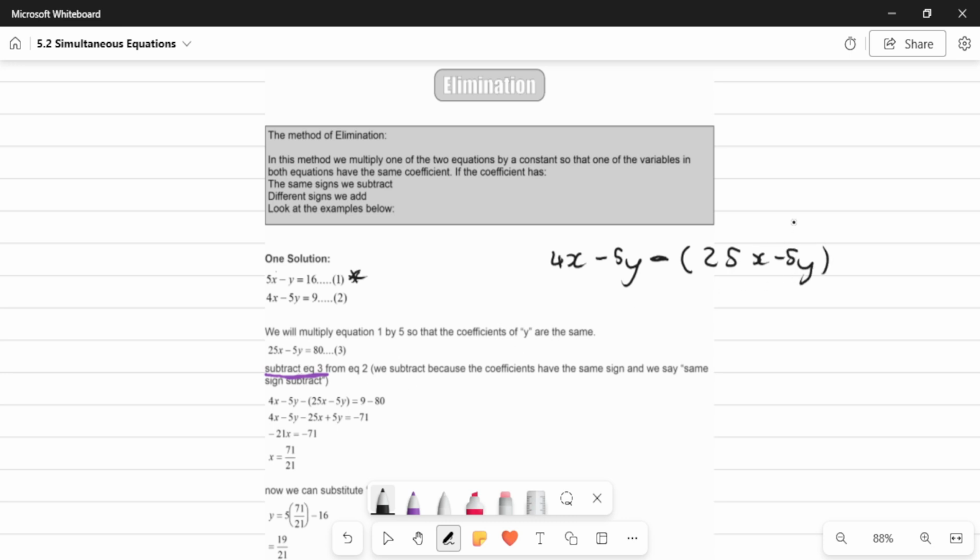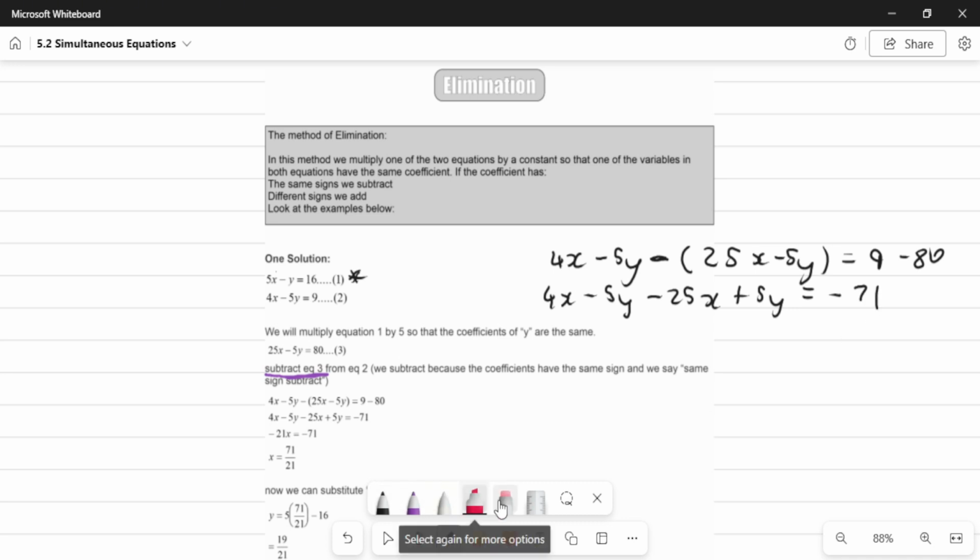You're taking this portion from that. Let me repeat that. You're taking that from that. And then it'll be equation 2 minus equation 3. Left-hand side minus left-hand side, right-hand side minus right-hand side. 9 minus 80. And therefore, you're left with 4x minus 5y minus 25x plus 5y is equal to minus 71.